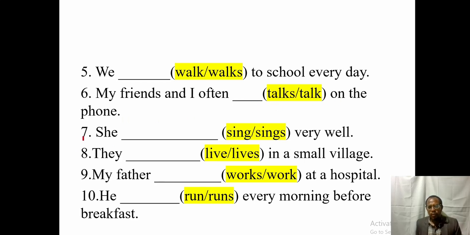Number seven, she blank, thinks, very well. Number eight, they blank, lives, in a small village. Number nine, my father blank, work, at a hospital. Number ten, he blank, runs, every morning before breakfast.